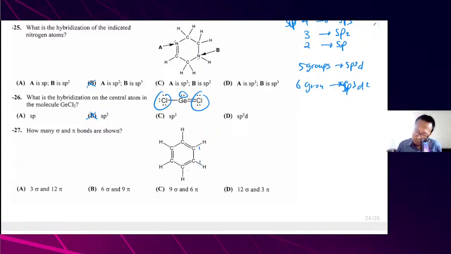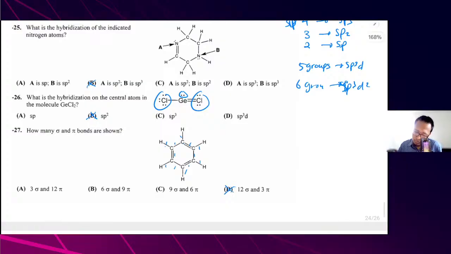How many sigma and pi bonds? 1, 2, 3, 4, 5, 6, 7, 8, 9, 10, 11, 12. So 12 sigma. And then how about the pi? 1, 2, 3.